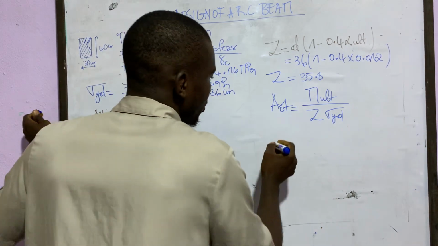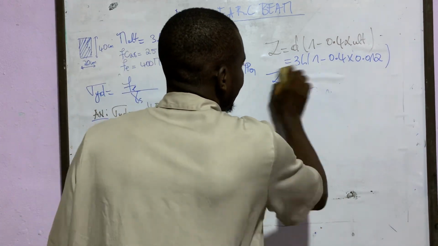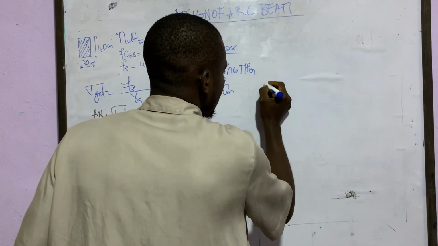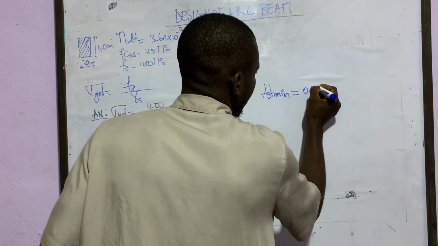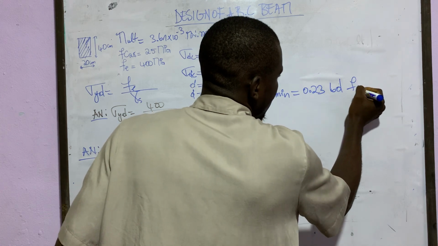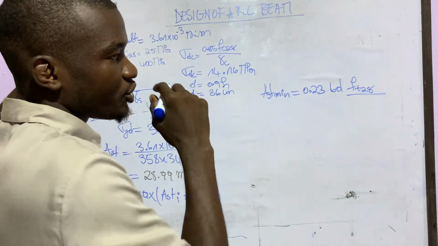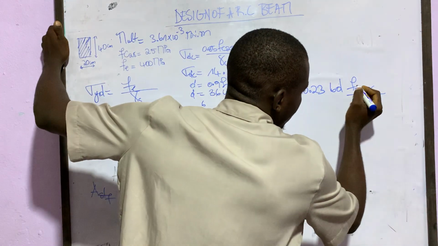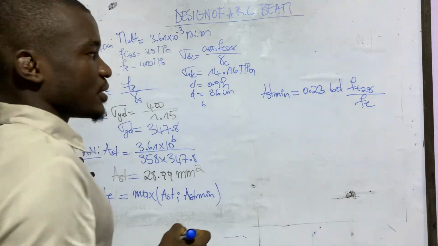AST mean will be equal to 0.23 BD times FT28, which is the strain of our concrete in tension, divided by Fe, the elastic strain of our steel.